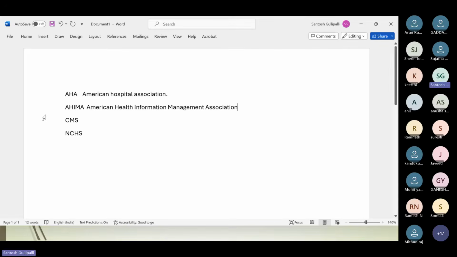CMS means Centers for Medicare and Medicaid Services.